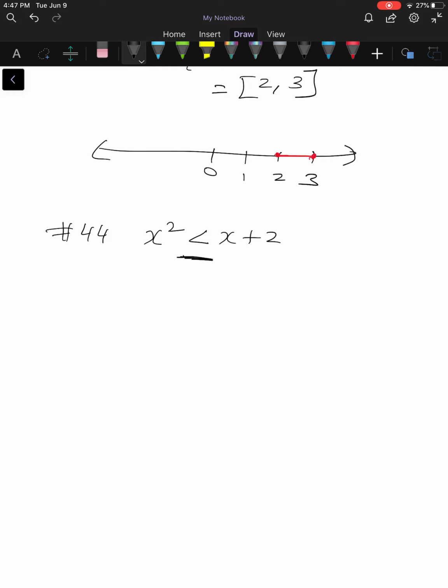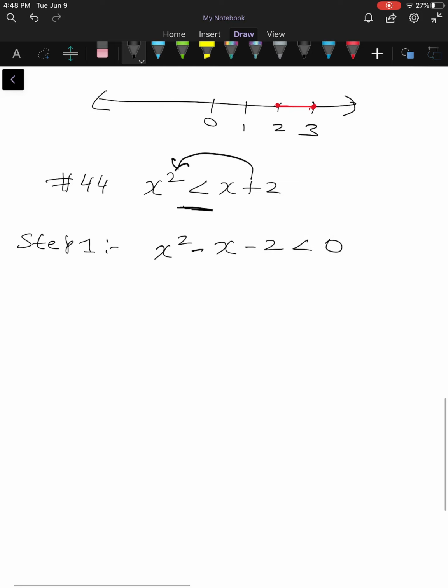Okay, coming to this, what was our step 1? It was to bring all the terms towards one side. Again here I will bring all the right hand side terms to the left hand side. That would be nothing but operating right hand side with negative x, negative 2. So that would be x square minus x minus 2 less than 0. So now step 2 would be to factorize.